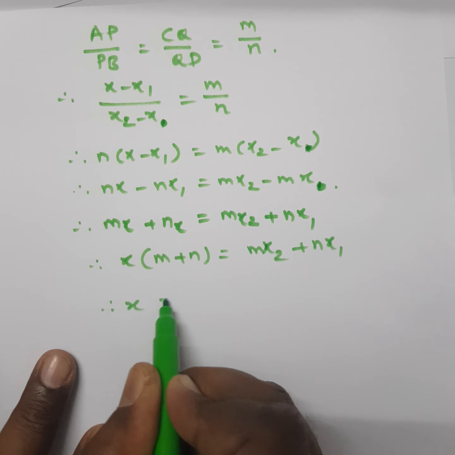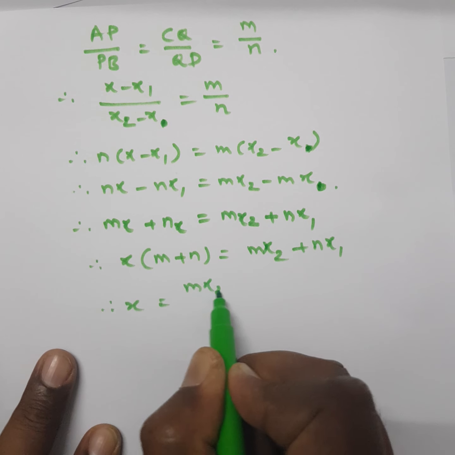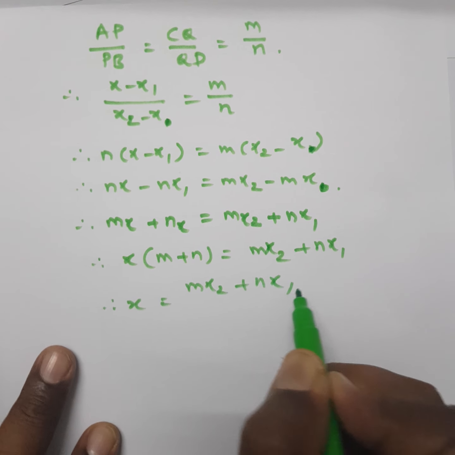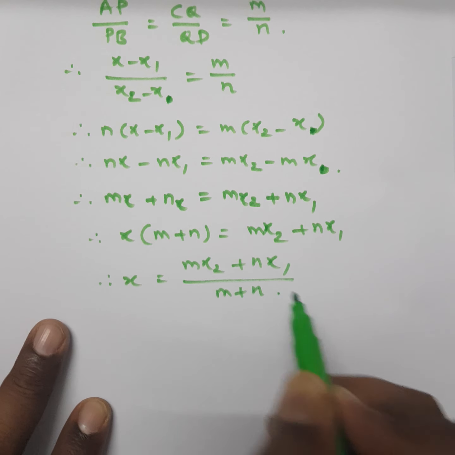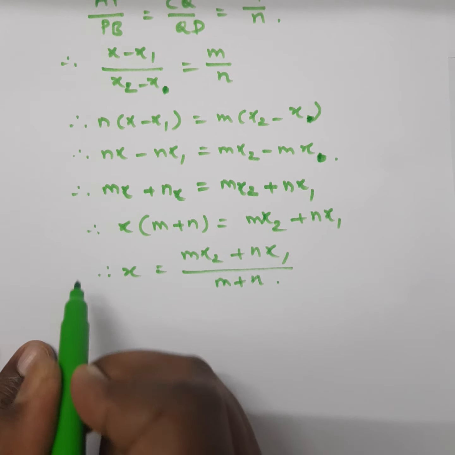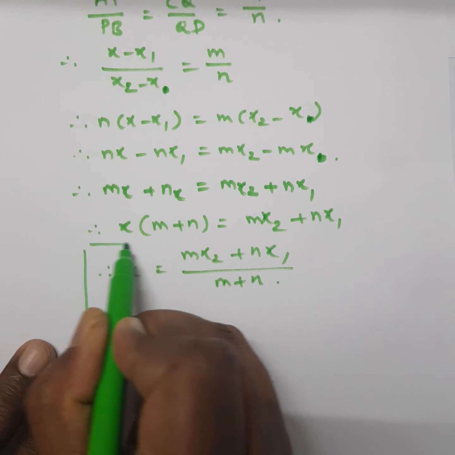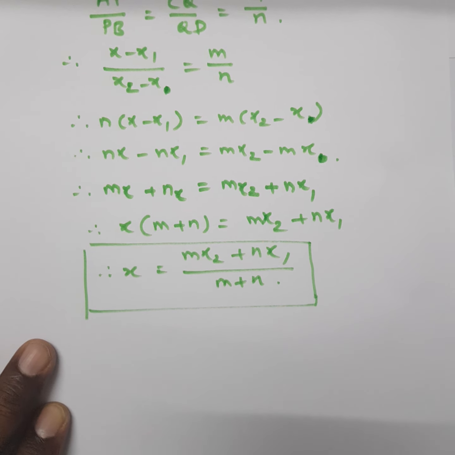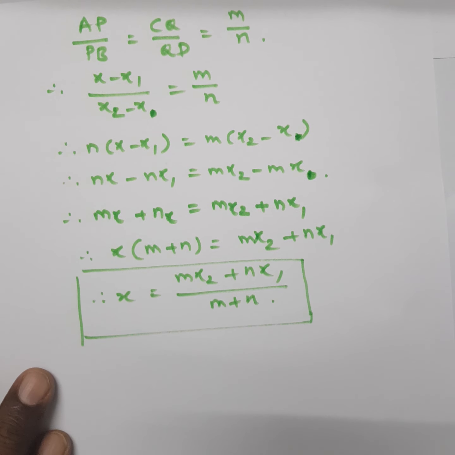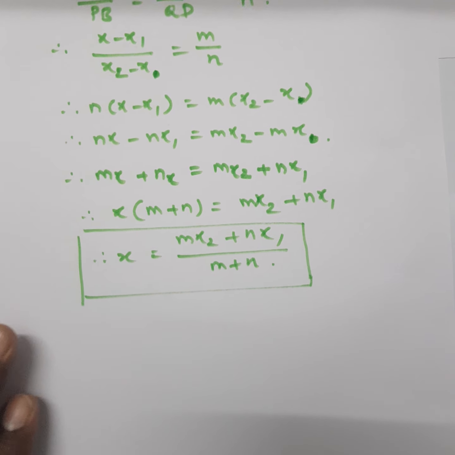Therefore, x is equal to (mx2 plus nx1) upon (m plus n). It is the formula for the x coordinate of point P, which divides segment AB in the ratio m is to n.